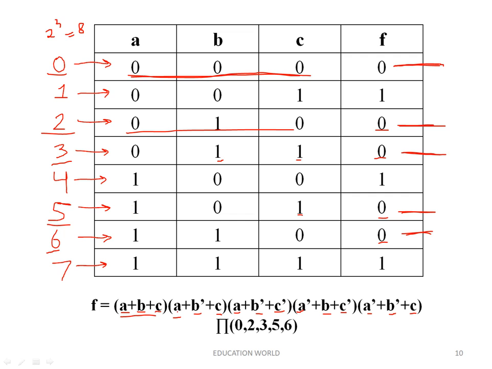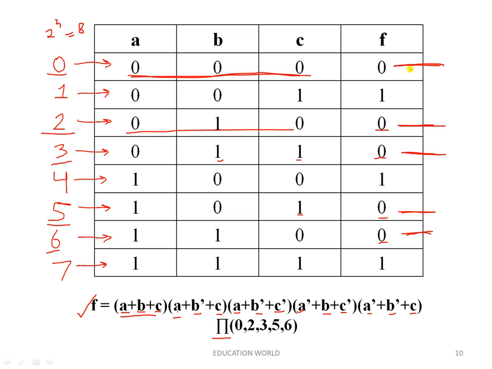So the expression is like that. Then it is assigned to our function F. If we want to write a compact or short form of this canonical product of sum, then the pi symbol is used.